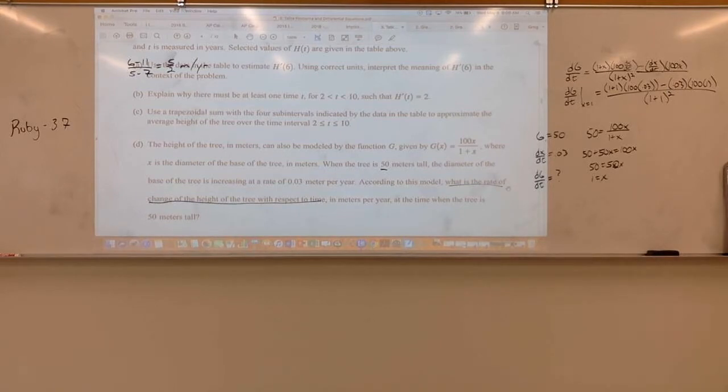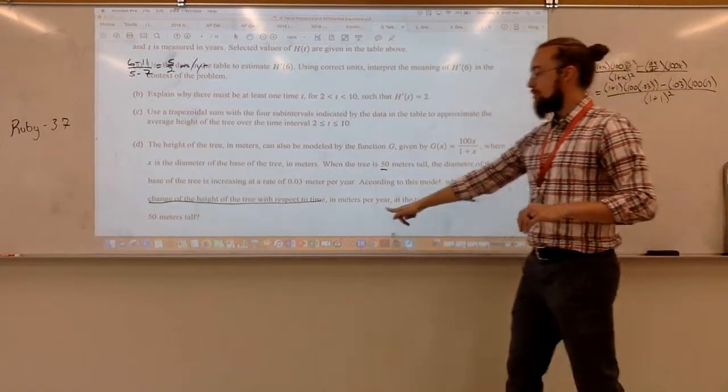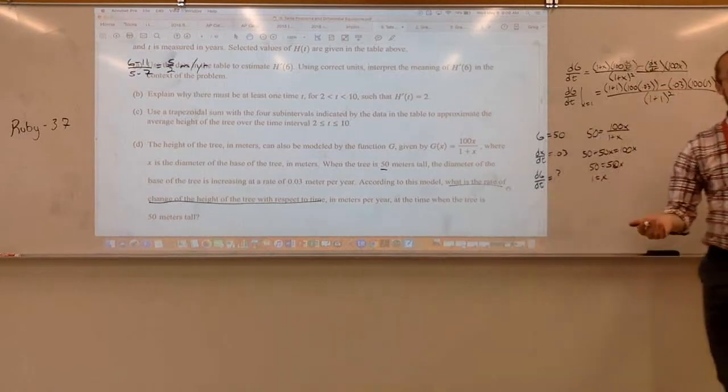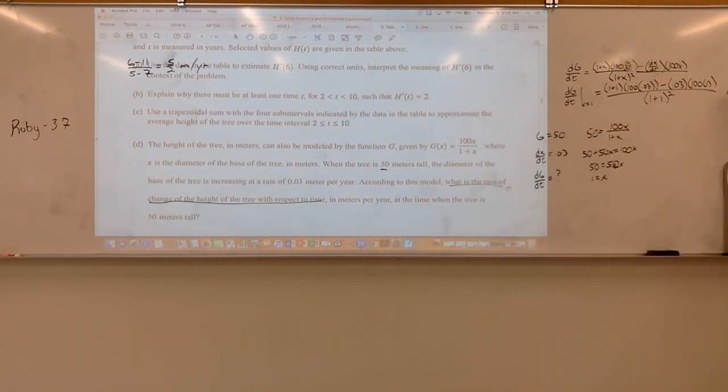And we're done. Don't do the arithmetic. And they even tell us the units. It tells us that our units would be meters per year. So we can tack on meters per year here.